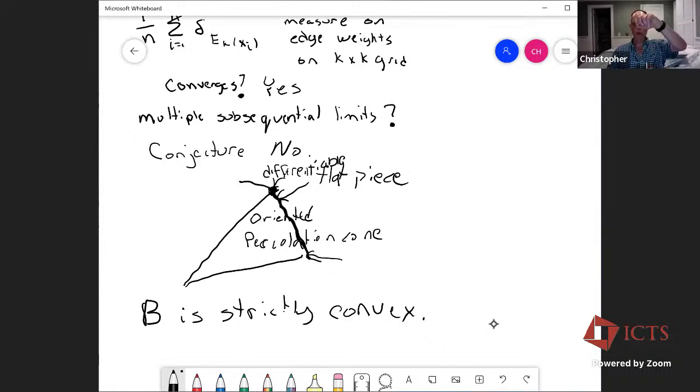In one direction, it's going to be moving parallel to, or asymptotically in the direction of, one edge of the cone, and for the other one, the geodesic is going to be moving asymptotically in the other direction of the cone. So it's not too hard to say that these limits have to be different.